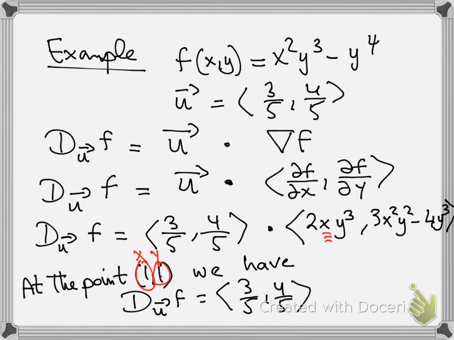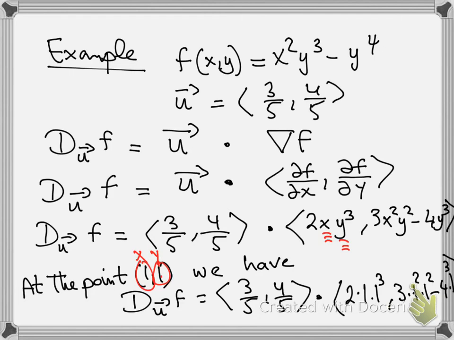So this x here is 1 and this y here is 1. Dot product with, so that will be 2 times 1 cubed.